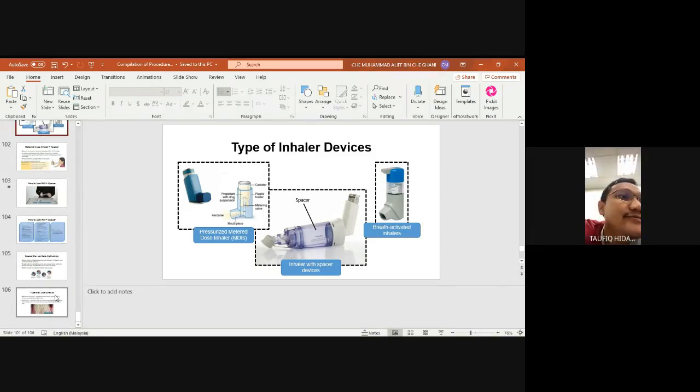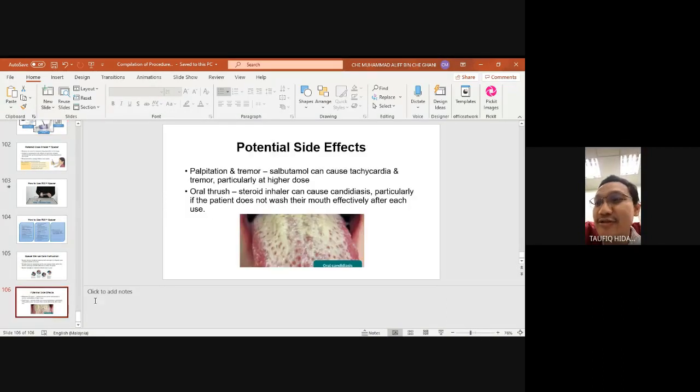If you accidentally use it once, it's okay. Unless you use it continuously, it will be a high dose and toxic.